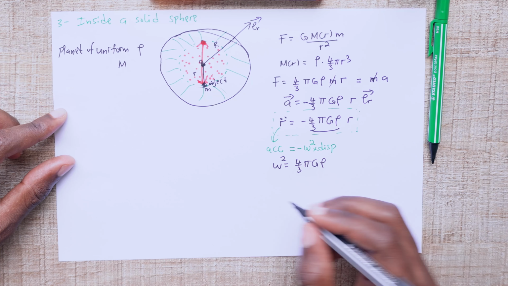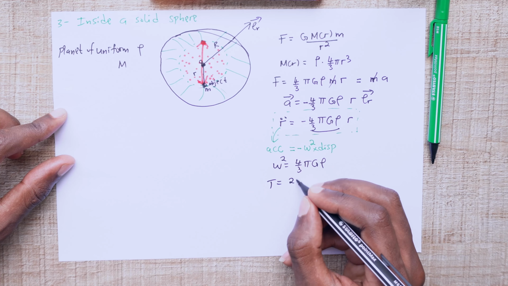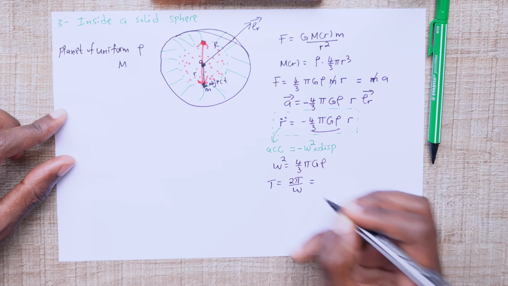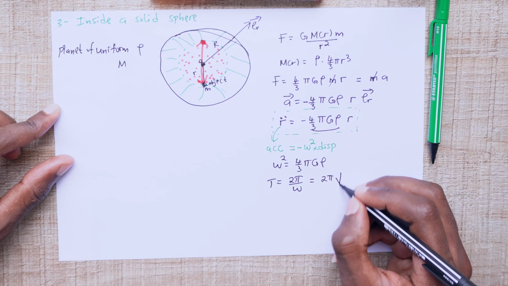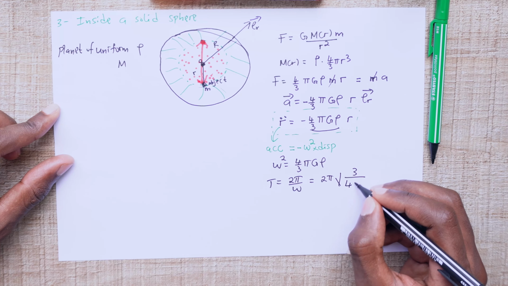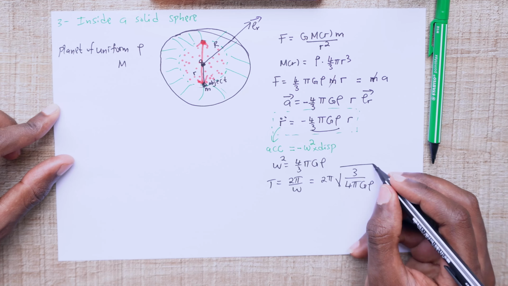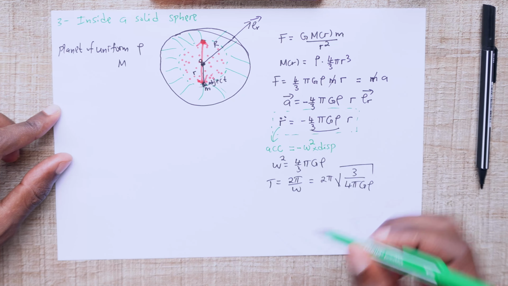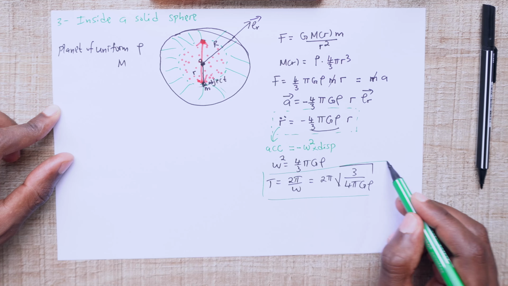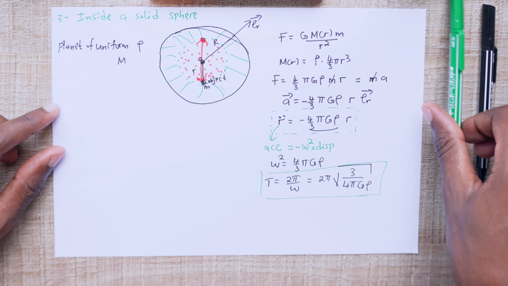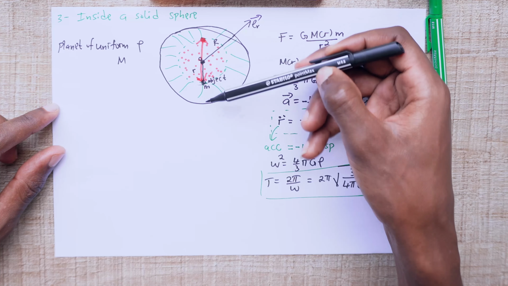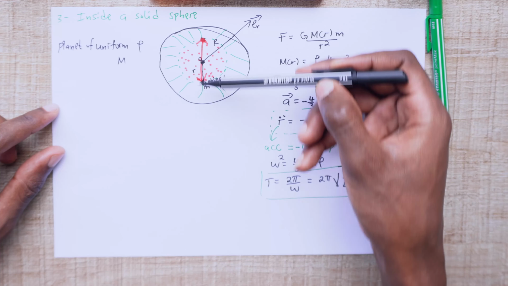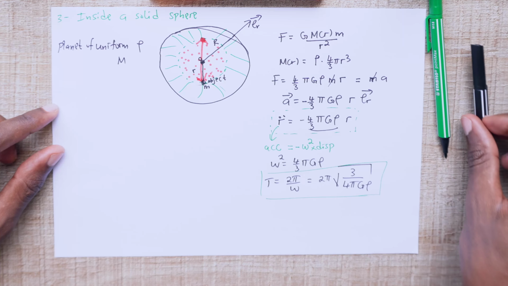So we can get omega, and we know that the period is 2 pi over omega. If we do that, I think that's 2 pi square root of 3 over 4 pi g rho. So this is the period at which this body oscillates. It's going to move up and down, up and down.